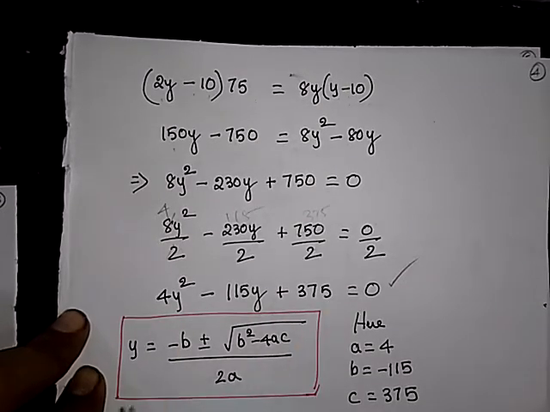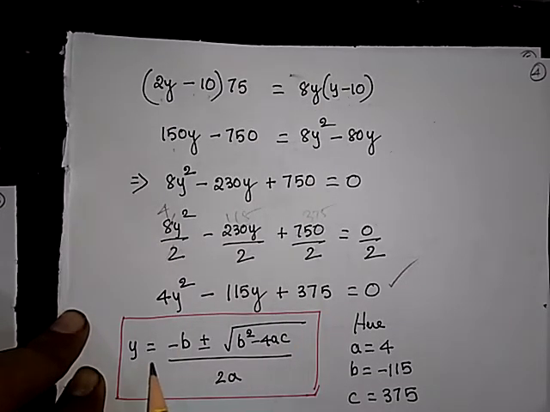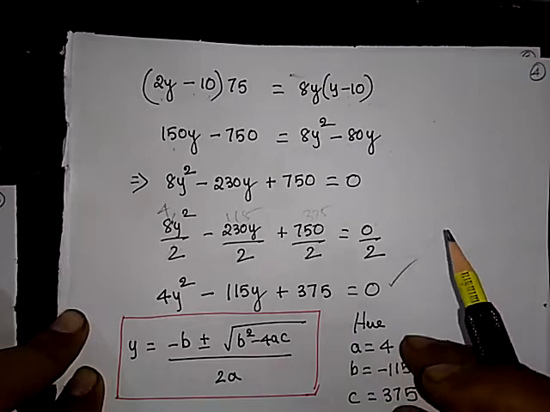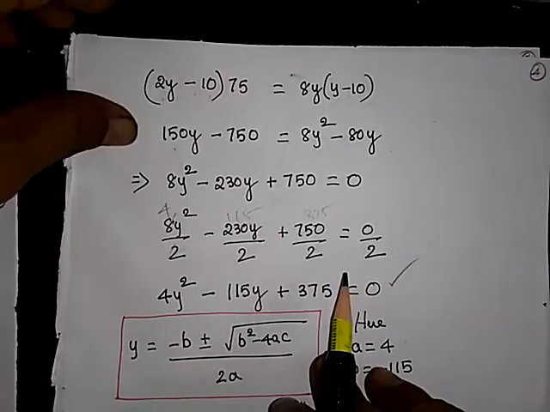So now you know the solution for this quadratic equation. Y is equal to minus b plus or minus root of b square minus 4ac, whole thing divided by 2a. Here a is equal to 4, b is equal to minus 115 and c is equal to 375. Substitute these values in this equation.